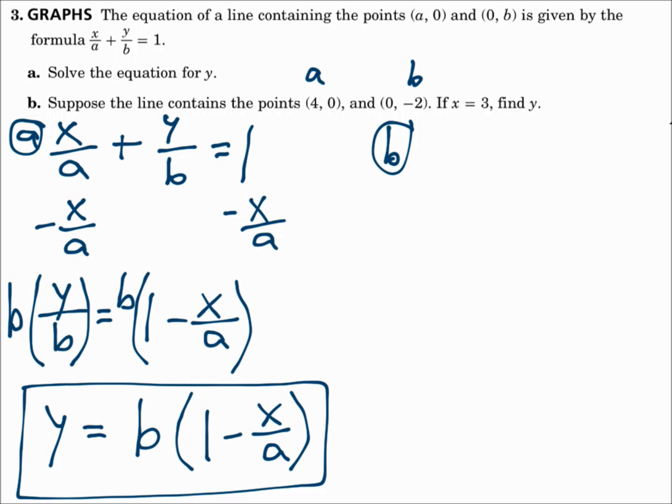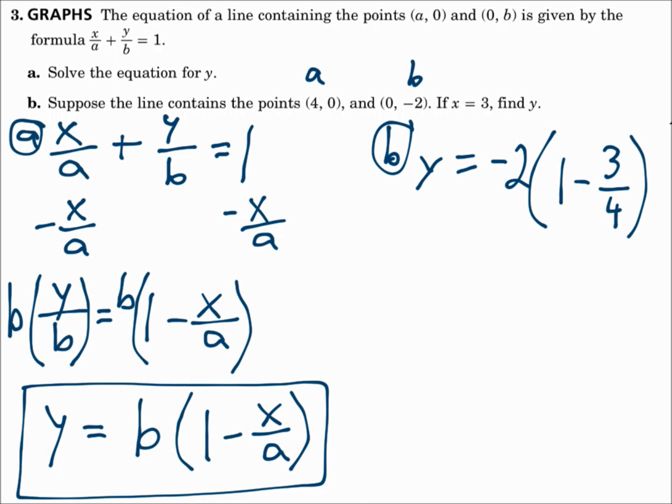X is 3. Now substitute. Y equals B, which is -2, parentheses 1 minus the fraction x over a. X is 3 and a is 4. So let's work it out.